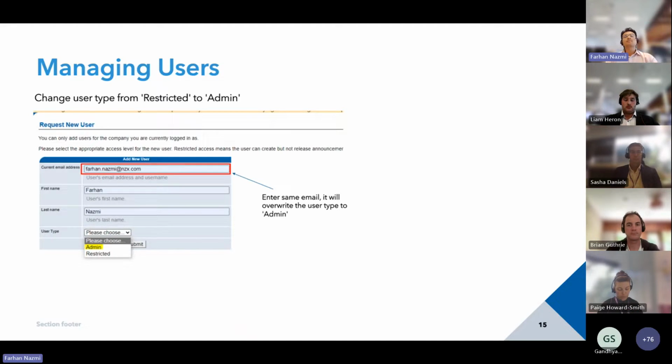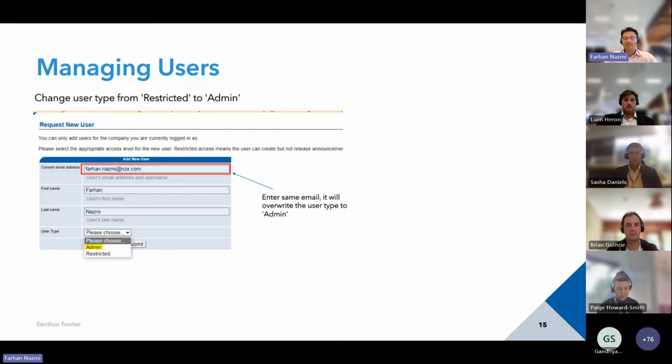Right here is when you want to change from restricted to admin. As I said before, restricted users have restricted types of things that they can do. If you want to change someone from restricted to admin, this can only be actioned by admins. Let's say I, Farhan, am a restricted user, and Liam is an admin.